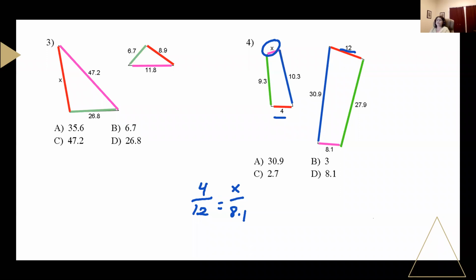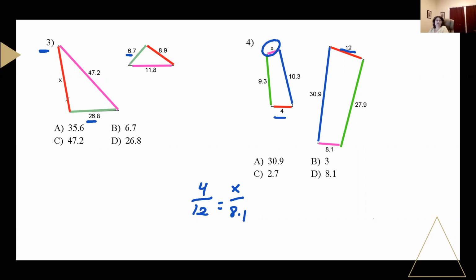So do you understand when I say small, medium, and large for each of these triangles? Do you understand what I'm color coding? Yes. What I'm color coding is I'm looking at, like, for number 3, the smallest one on this triangle was 6.7, so I made that green. And then the smallest side here, just by looking at it, you could tell which is the smallest, is 26.8, right? Because this side is smaller than these two sides.